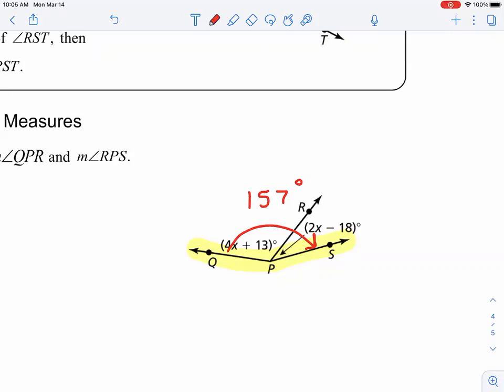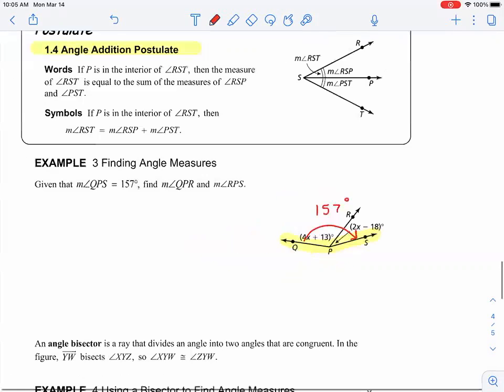It's not necessarily cut down the middle, and it definitely doesn't look like it's cut down the middle. However, it is true that the left part, like this, plus this, has to equal 157.